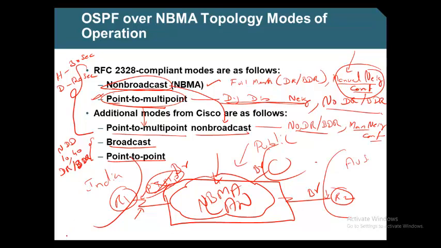Even though it is an NBMA, you get the advantage of broadcast over the NBMA network. Same way, point to point. If you wish to have a point-to-point relationship over NBMA, point to point means how many routers? It should be only between two routers. The timers are 10 and 40. There is no DR-BDR election. Neighbors are dynamically discovered.